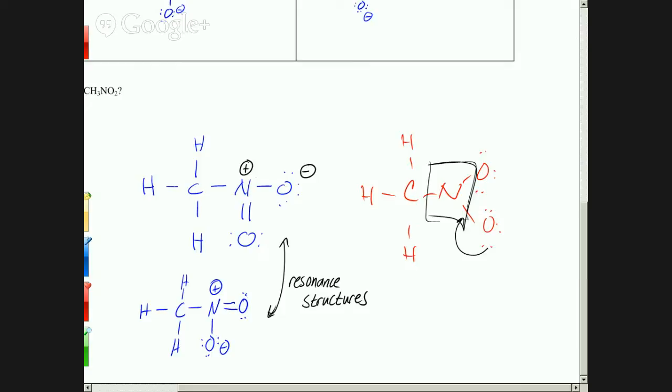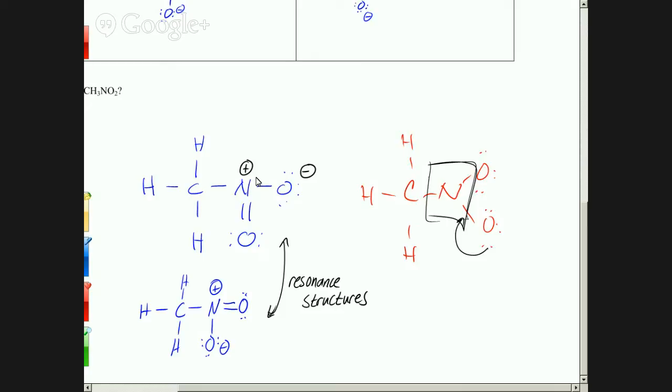It's a type of measurement where we can actually see if there are single bonds or double bonds. So in both of these structures, it looks like there's 1 single bond to oxygen and 1 double bond to oxygen. But if we measure this chemical, we find that that's really not the case. We don't see double bonds and single bonds. We see kind of an average of like 1.5 bonds.